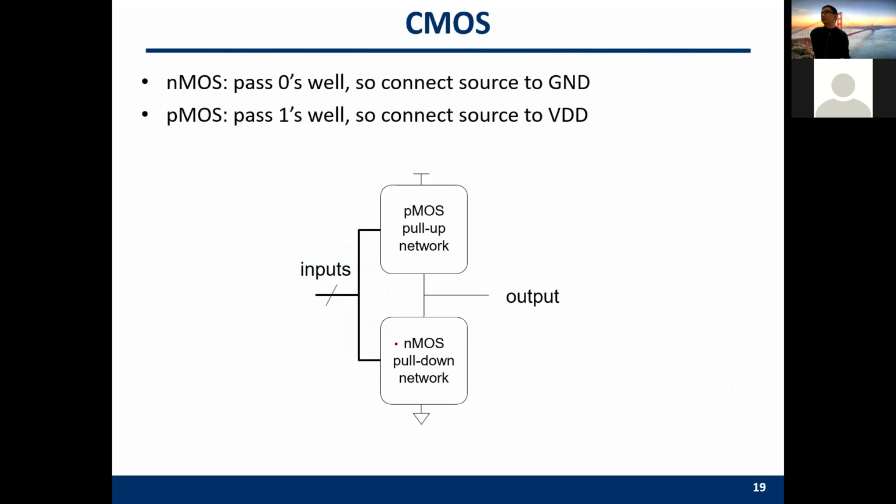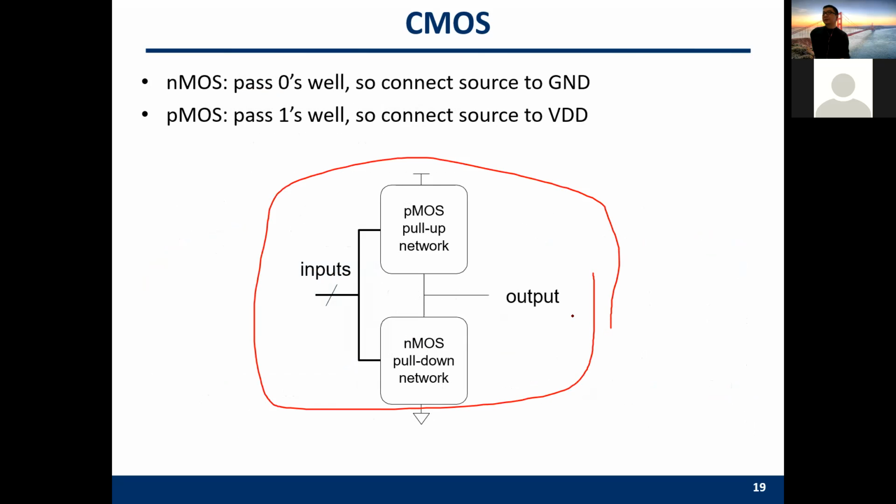When we try to use this transistor to build some real circuits, we generally need this structure, because the NMOS has the advantage of passing 0, but the PMOS has the advantage of passing 1.